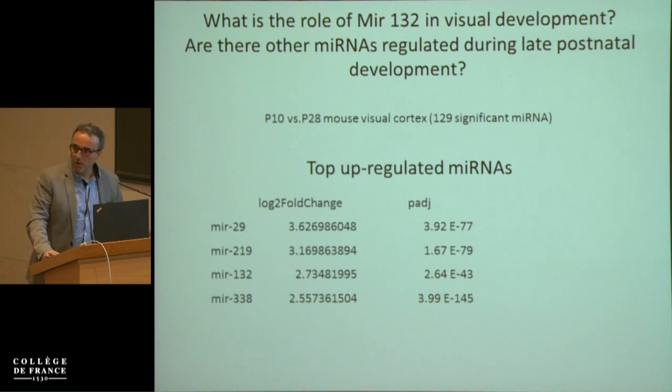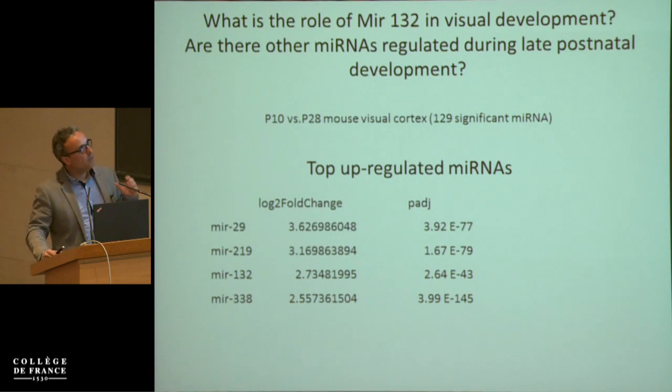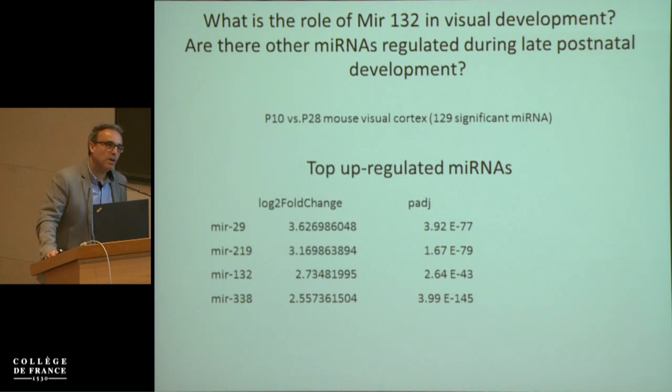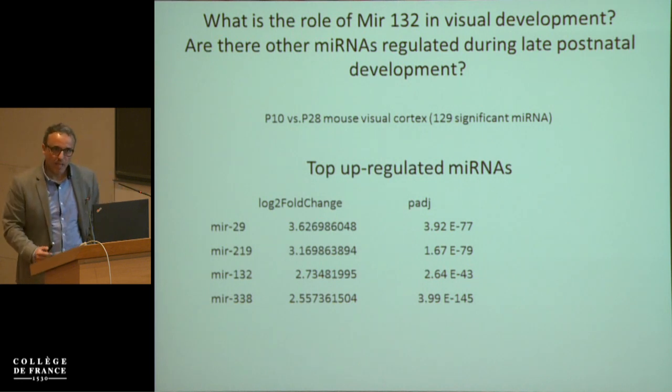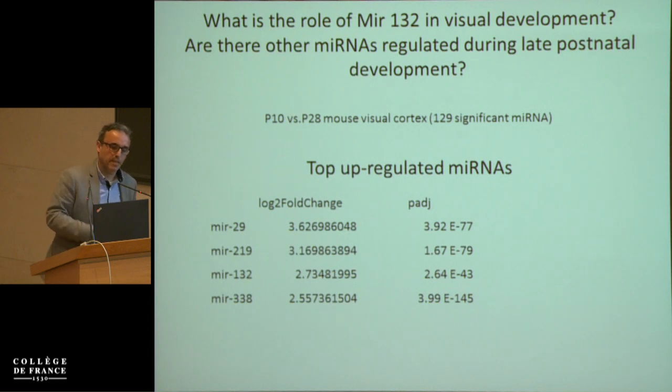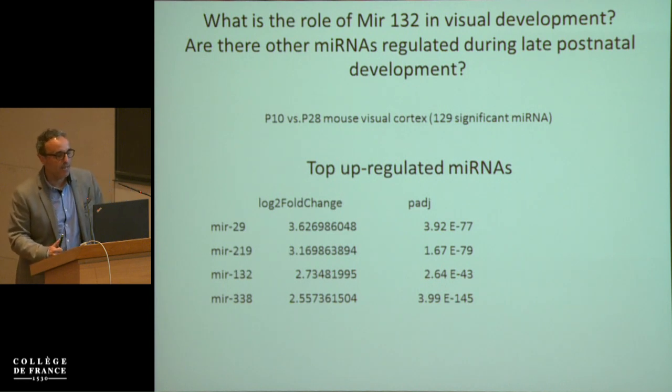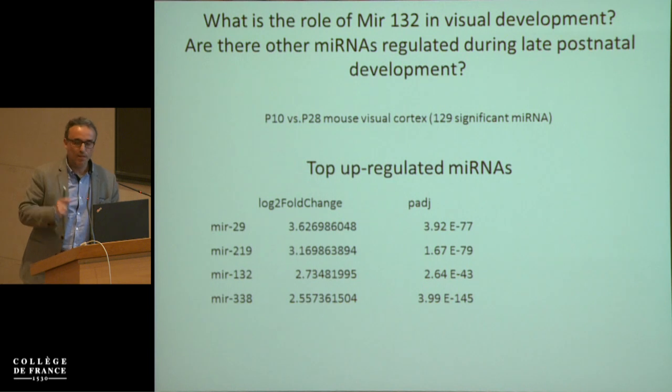Without any deprivation, if we interfere with miR132, what do we get? And the second question was, is there only one microRNA that regulates this process, or does visual development involve this layer of regulation by microRNAs? So let's start from the second question.